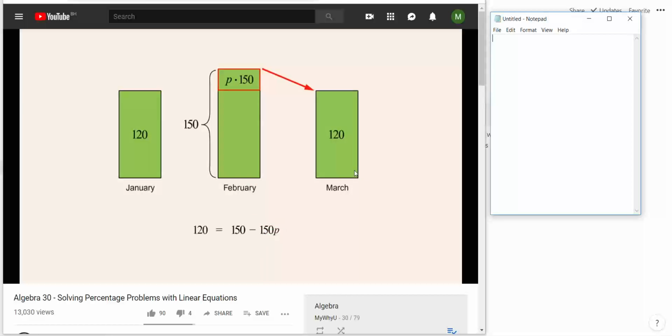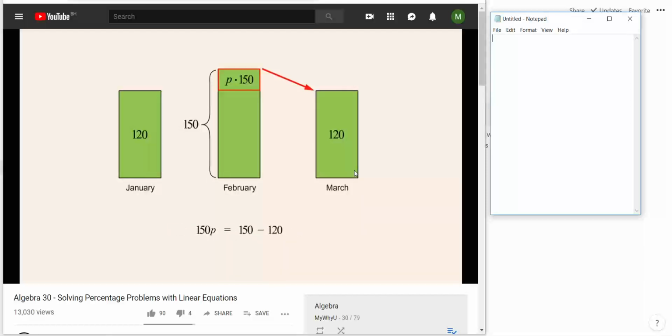To solve this equation, we would like p alone on the left side. So we start by adding 150p to both sides of the equation, which allows us to cancel the 150p term on the right. We then subtract 120 from both sides, which allows us to cancel the 120 term on the left.